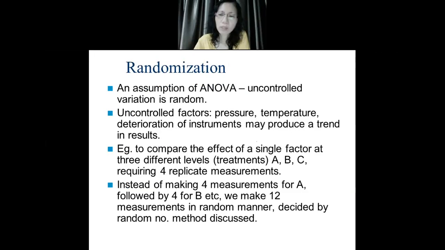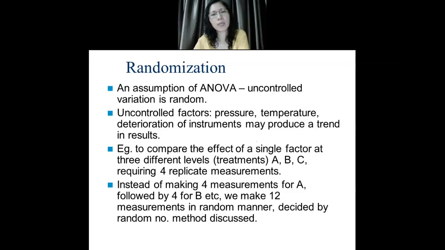Now, an assumption of ANOVA is that uncontrolled variation is random. Uncontrolled factors can be temperature, pressure, or deterioration of instruments, and those can produce a trend in results.